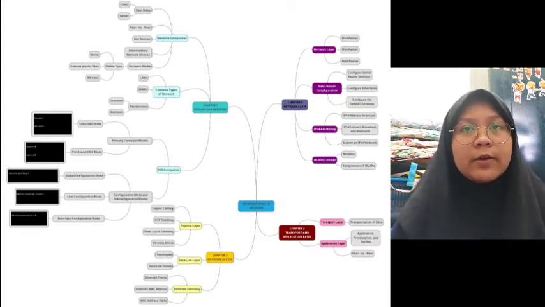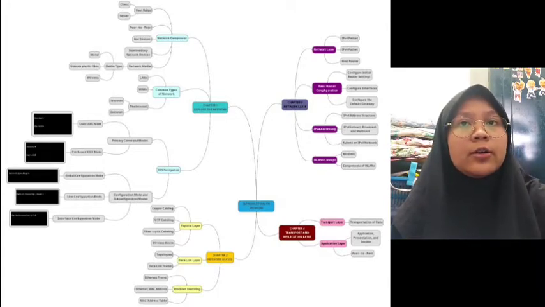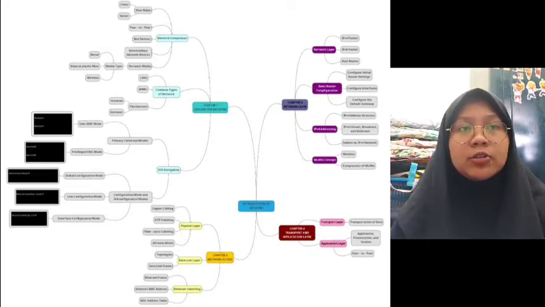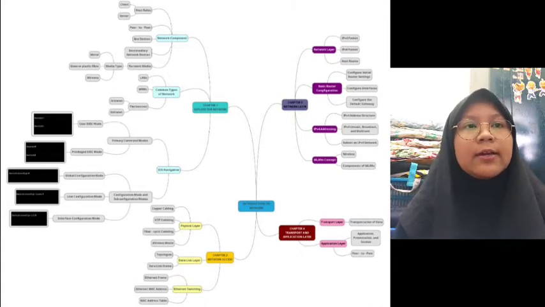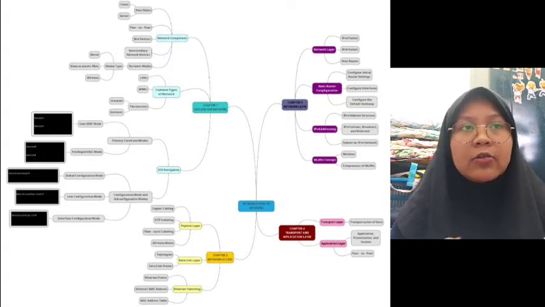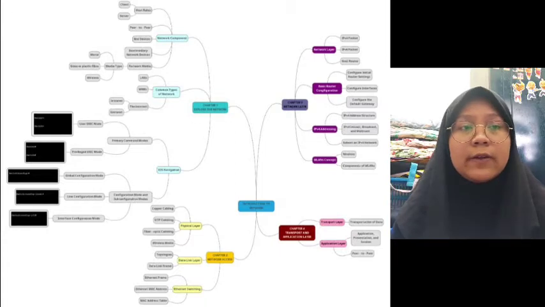Moving on to the configuration mode and sub-configuration mode, we have global configuration mode, which is used for configuration options of the device. Line configuration mode is used to configure console, SSH, Telnet, and AUX access. Interface configuration mode is mostly used to configure a switch port or router interface.